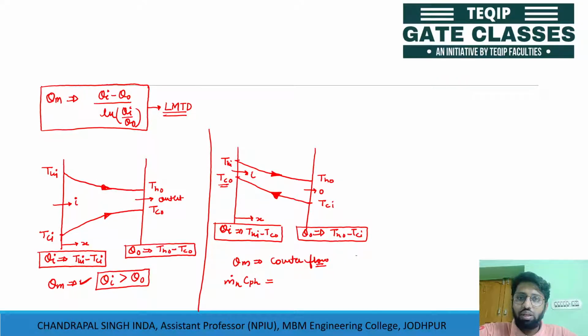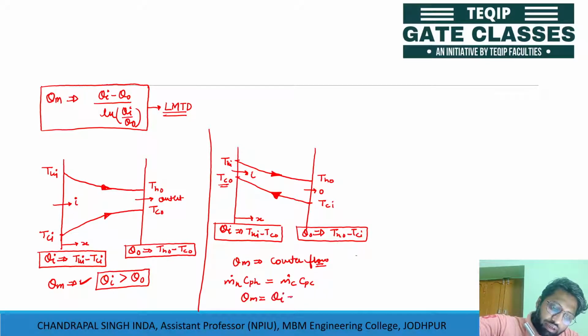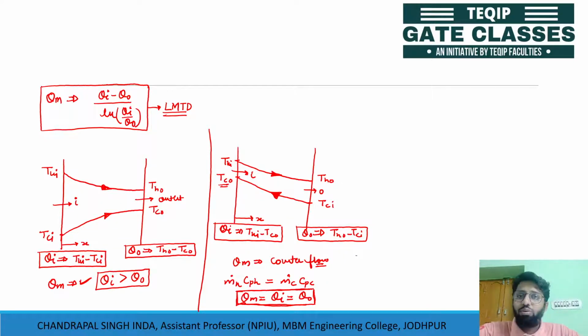If the heat storage capacity of the hot fluid is equal to the heat storage capacity of the cold fluid, in that case the value of theta mean will be equal to theta inlet, which will be equal to theta outlet. Here the temperature distribution is a linear profile, and the lines for the hot and the cold fluid are parallel to each other.